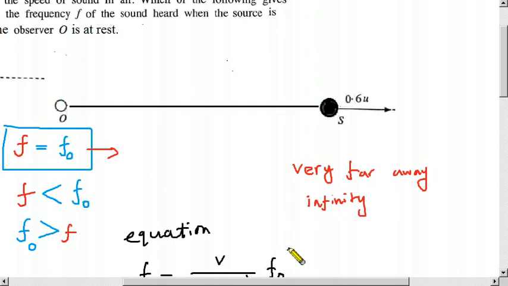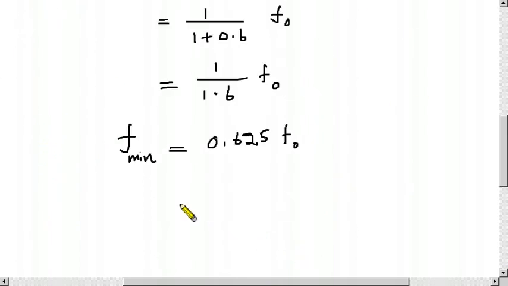Therefore we can't use this equal value. We have to make it a little bit greater than that, 0.625.